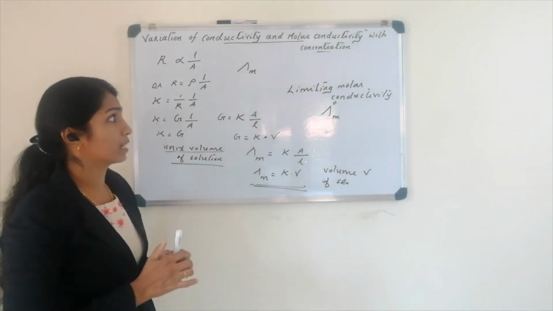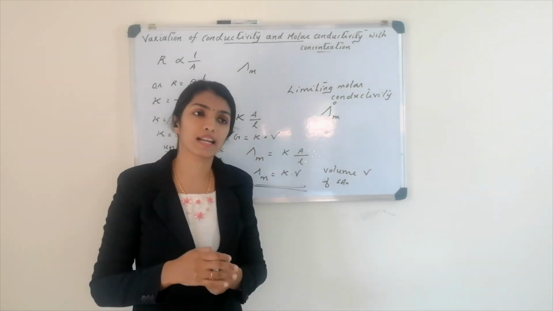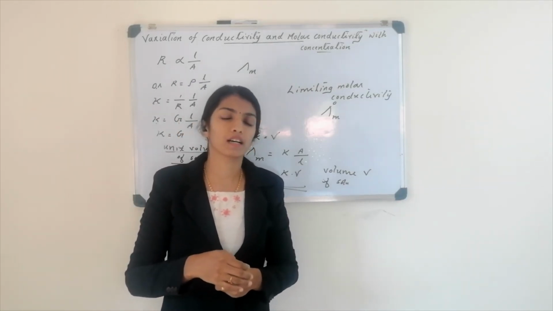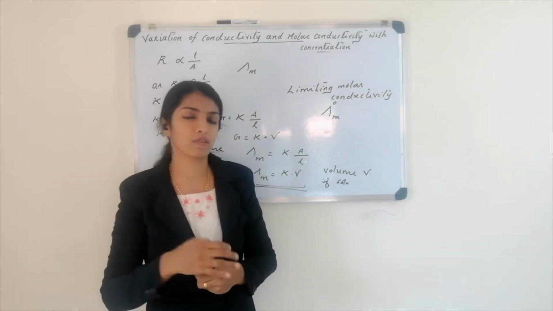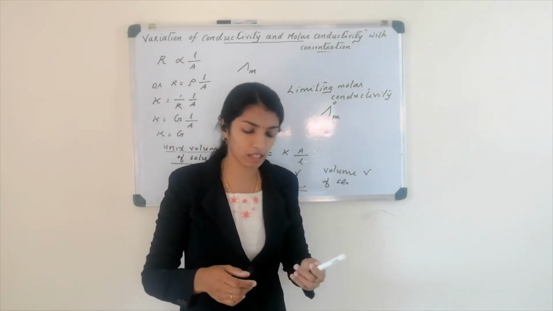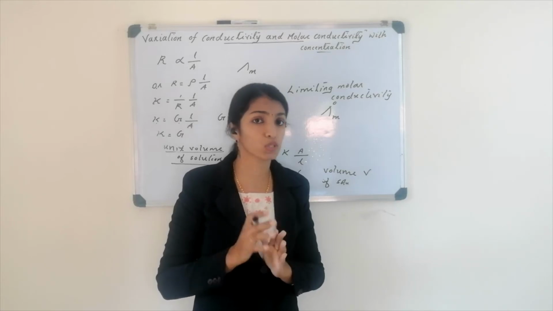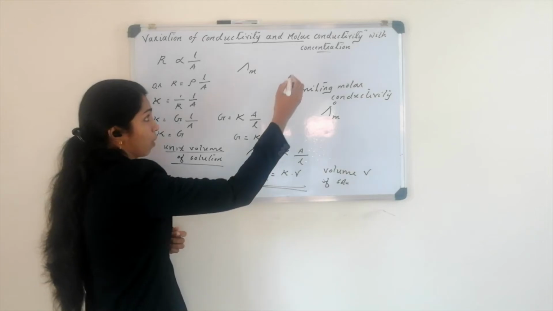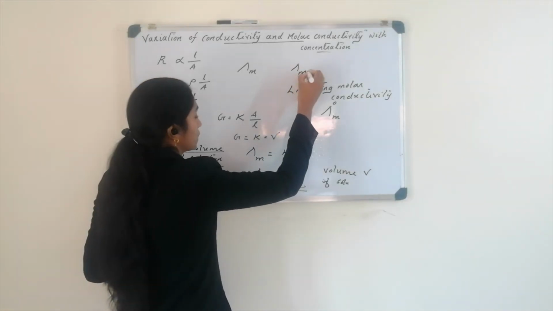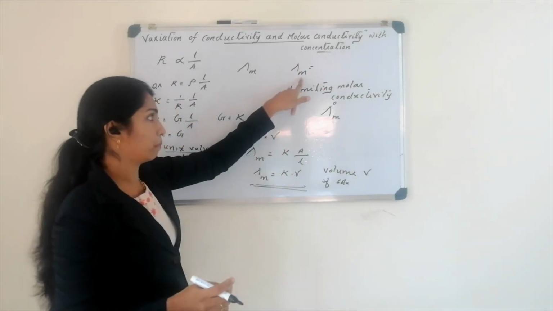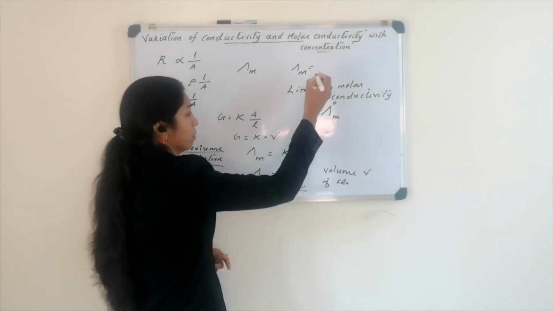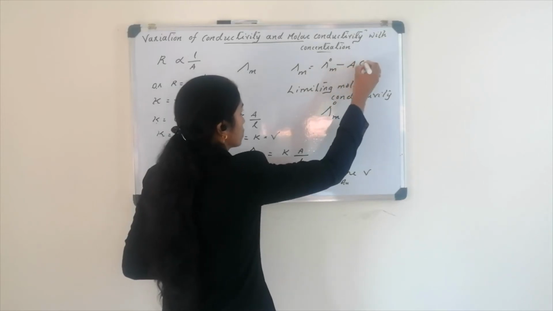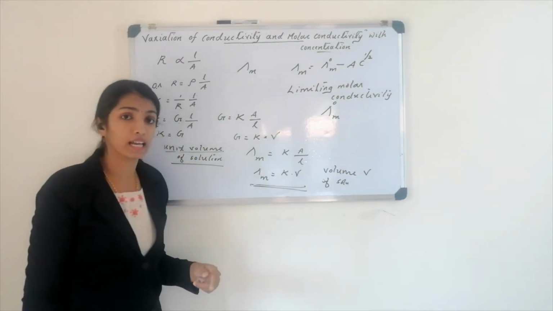When we consider the variation of the molar conductivity of a concentrated solution, for example, if we take sodium chloride, this is a very strong electrolyte. What happens to the molar conductivity of a strong electrolyte? It is found experimentally that lambda m, the molar conductivity value, is equal to lambda 0m minus a into root c, or a into c raised to 1 by 2.